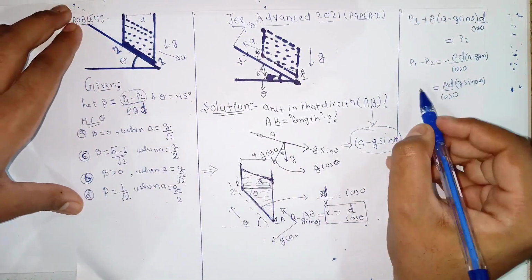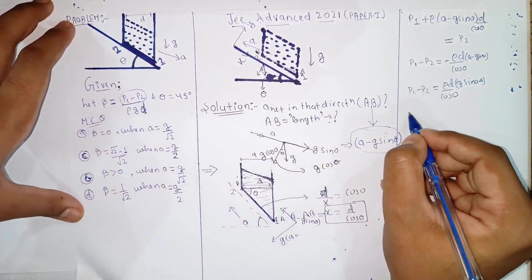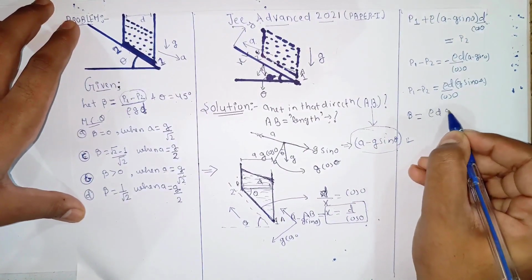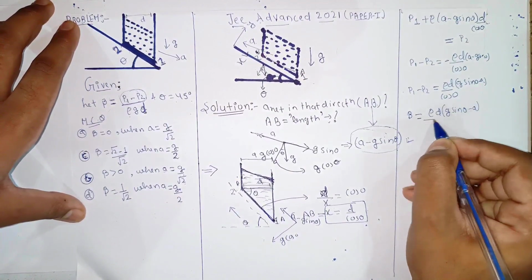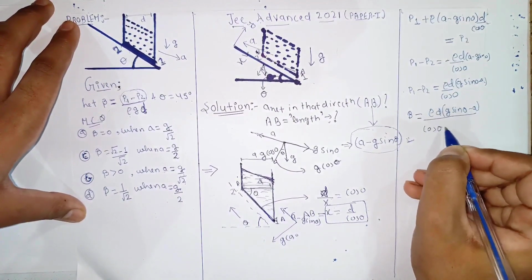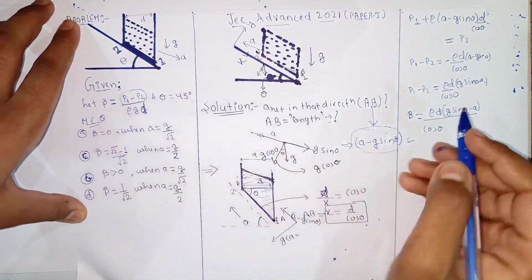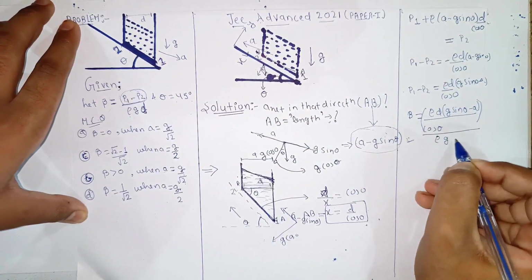Now let's put this pressure difference in the expression of beta. So beta will be rho d, g sin theta minus a, divided by cos theta, and they have given the whole divided by rho g d.